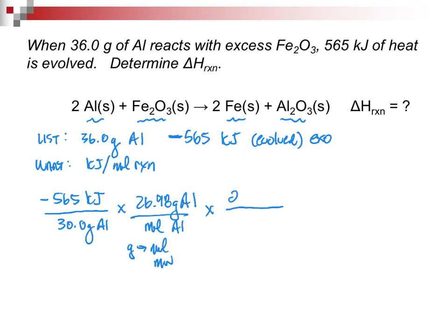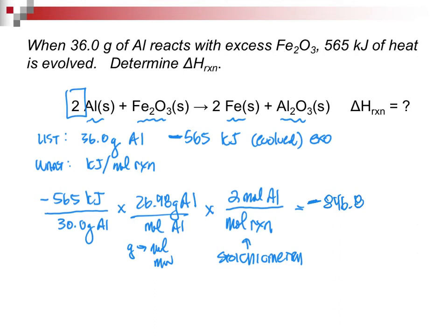For every 2 moles of aluminum, where did I get that? Oh, from the stoichiometric coefficient. That is given to me for every mole of reaction. So again, this will be stoichiometry. And it's a method that we use to do this problem. And what a negative 846.8 kilojoules, okay?